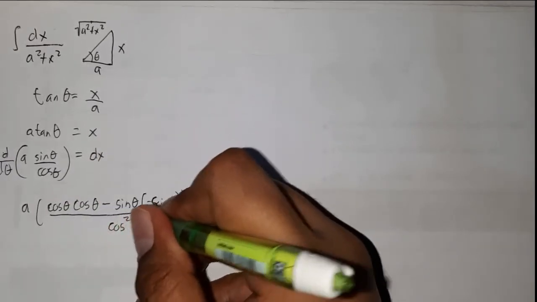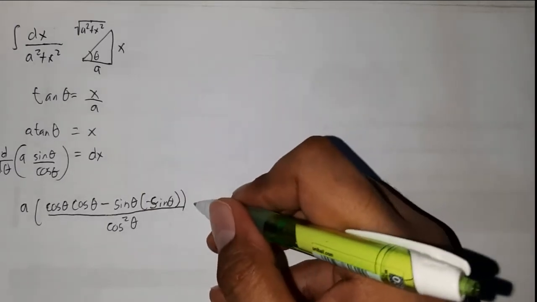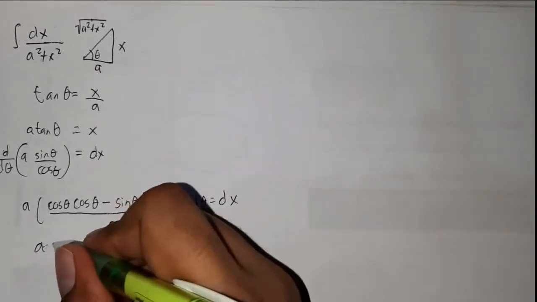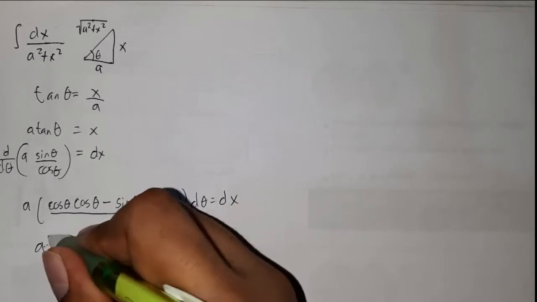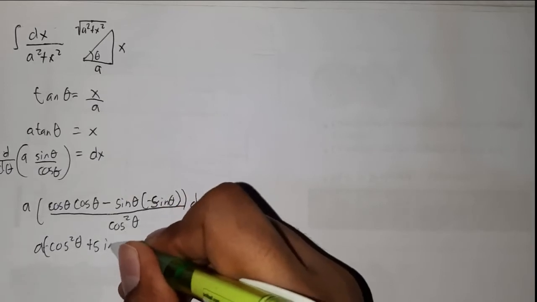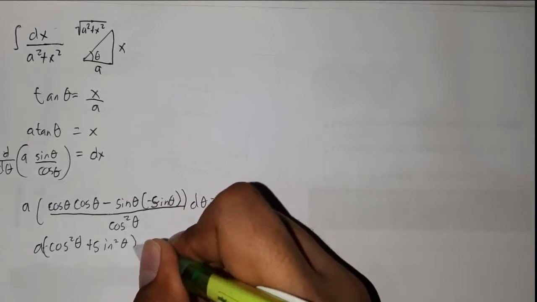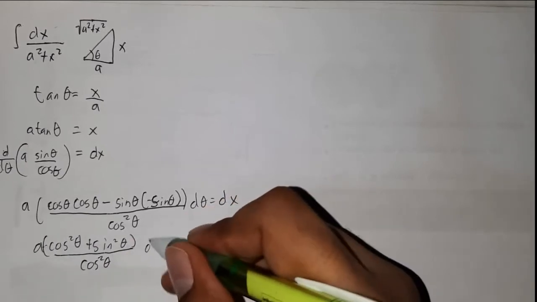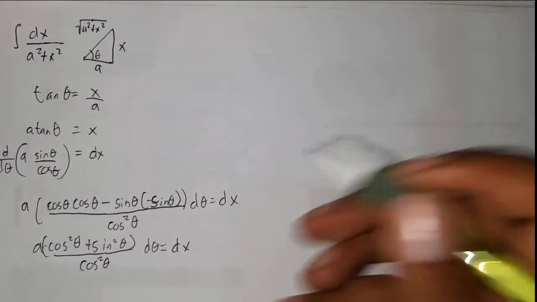So, cosine squared theta. So, ito ay a cosine squared theta minus, or magiging plus na, plus sine squared theta over cosine squared theta equals dx.